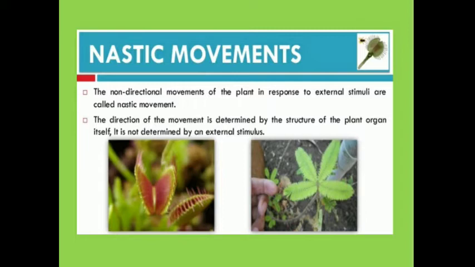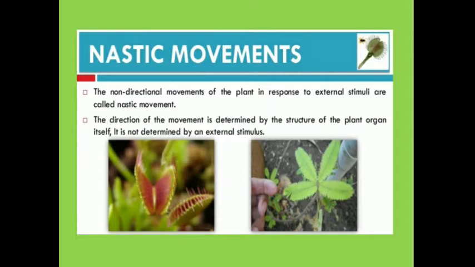Right. The non-directional movement of the plant in response to the external stimuli is called nastic movement. Okay, so here also the movement of the parts of the plant takes place, but it is non-directional. The direction of the movement is determined only by the plant organ, but it will not be determined by the external stimuli.